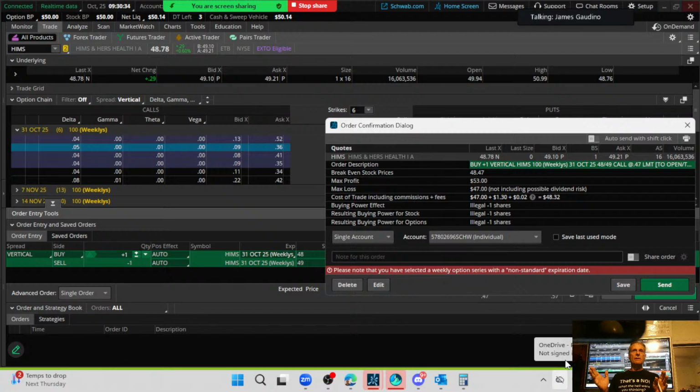It's only once past the even price, 48.47, that you start to make money. Now, if it's at 49, 49.50, you still only make the difference between the 48 and the 49, which is the 53 cents, which is more than a 100% return. Do you see that? Yeah, I do.